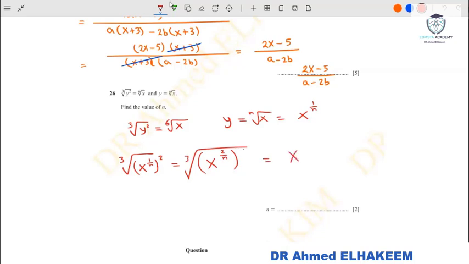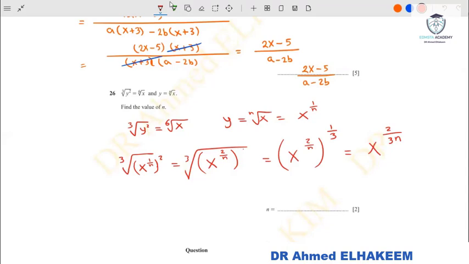So this is x power 2 over n all to the power 1 over 3. You understand? Yeah. So this is x power 2 over 3n.